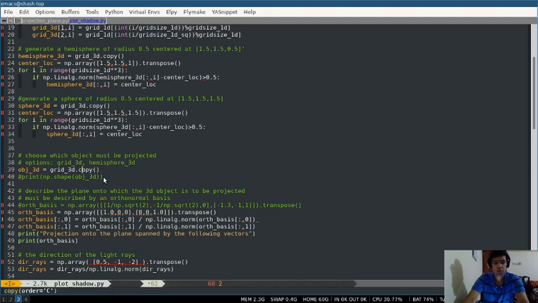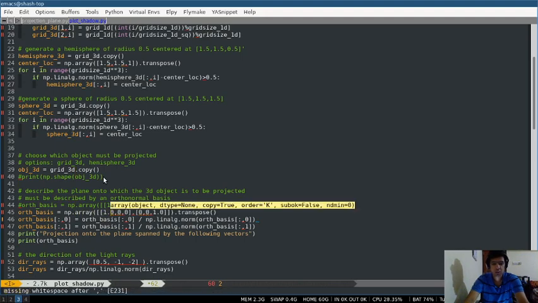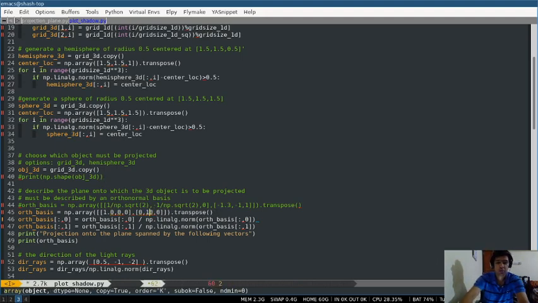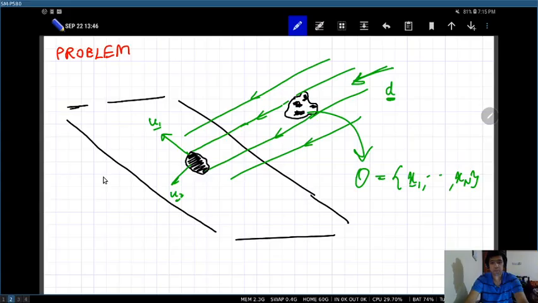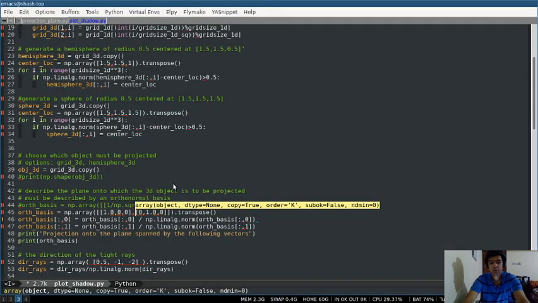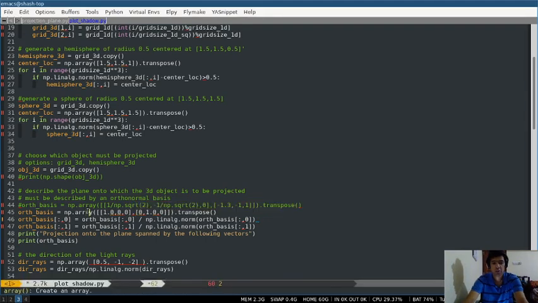So I'll take a cube of side 1, and basically I want to project it on, say, the xy plane. So the two basis vectors u1 and u2 are the xy plane. I go back here, so this is u1 and u2, which are described over here.